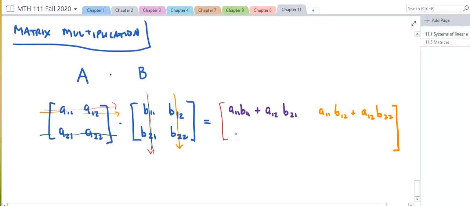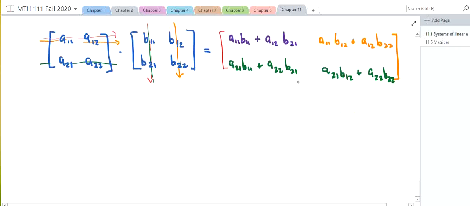We operate on the first column with the lower row. So A sub 2,1 times B sub 1,1, plus A sub 2,2 times B sub 2,1. Then we operate on the second column with the second row: A sub 2,1 B sub 1,2, plus A sub 2,2 B sub 2,2.